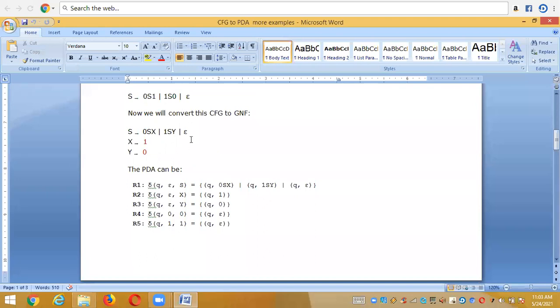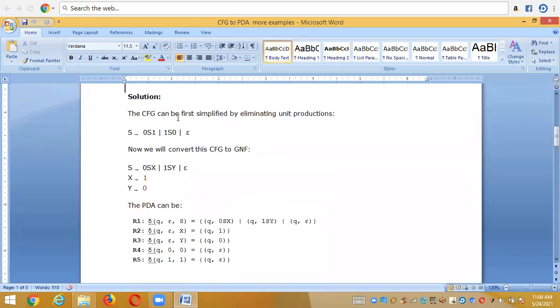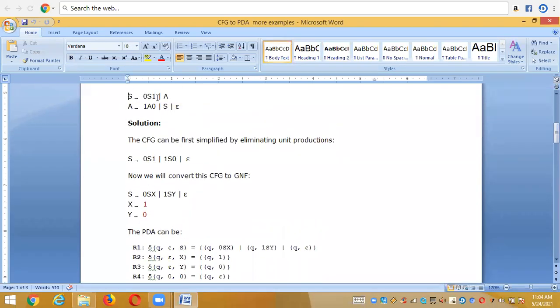I am not eliminating this epsilon, as per the rules or the algorithm of the GNF, the starting symbol can define the epsilon. It is acceptable for Greibach normal form. So that's why I'm continuing the epsilon. But the units are not acceptable and the useless symbols are not acceptable. By checking the grammar, I have units, so I'm removing all those units.